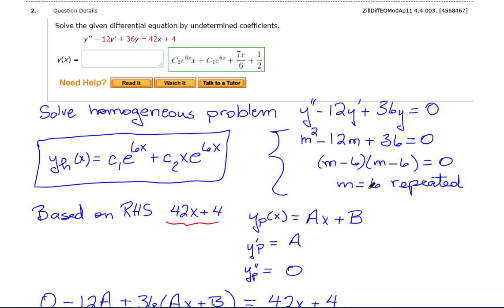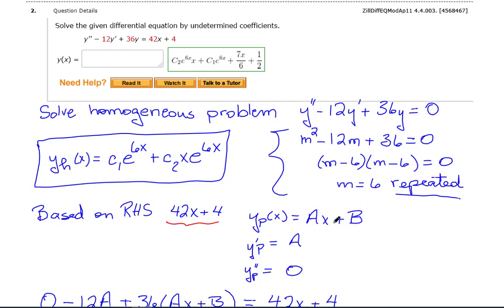So I get one real root, but it is repeated. So my homogeneous solution then is C1 e to the 6x, and because it's repeated, I get C2 x e to the 6x.